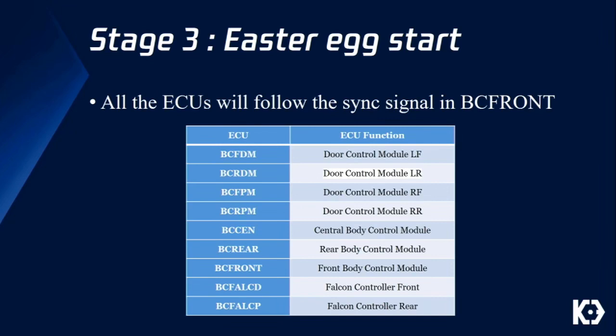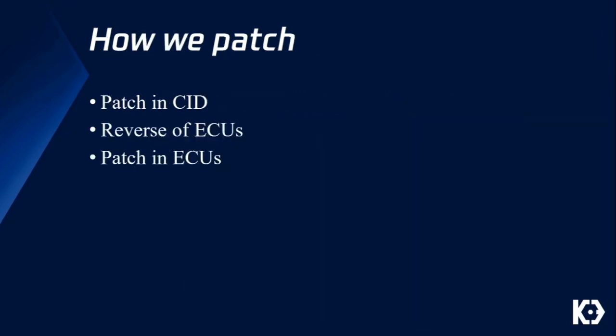And that's why we chose to release a custom Easter egg show. Now, talking about how we do the patch: first we should patch the CID, and then we should reverse the ECUs, and then I will talk about how we patch the ECUs.